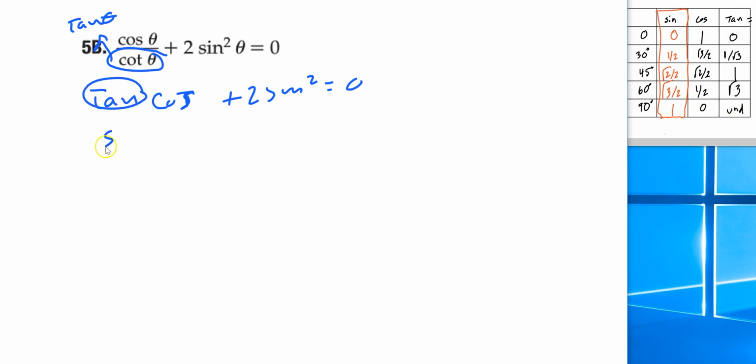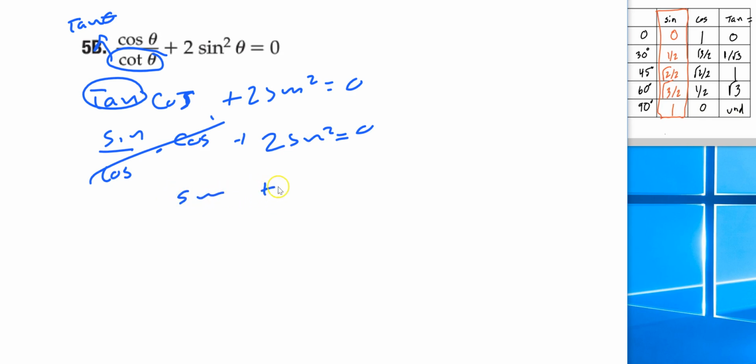Tan is sine over cosine. And we already have a cosine. These cancel, I just get sine theta plus 2 sine theta equals 0. And we're going to solve very similar to the last one. Factor what they have in common, they both have a sine. You have sine theta times 1 plus 2 sine theta equals 0.